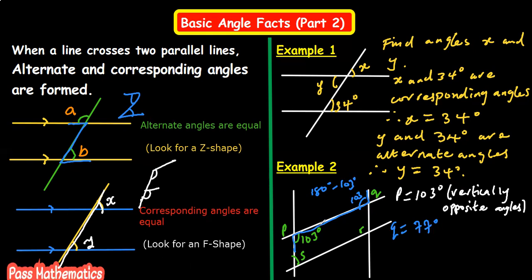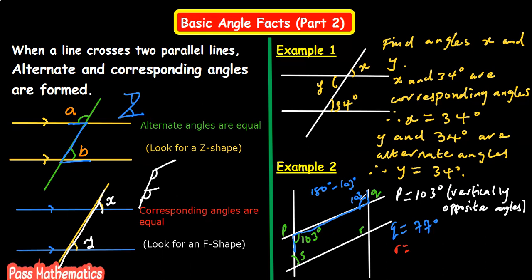The next one is R, angle R. So we need to find angle R. There are different rules which we can also apply to find angle R. So if Q is 77 degrees, it means this angle here is 77 degrees too. And then also, we can say that in a closed parallelogram or rectangle, the opposite angles are equal.